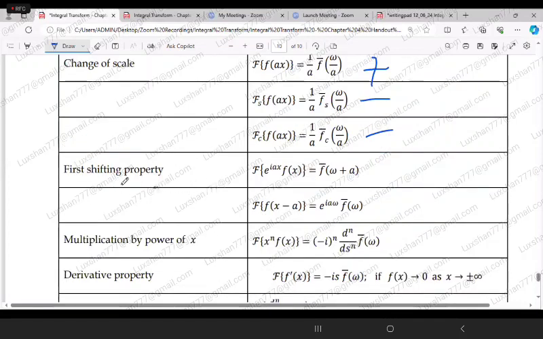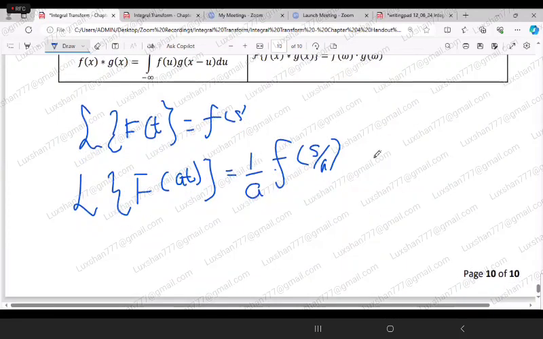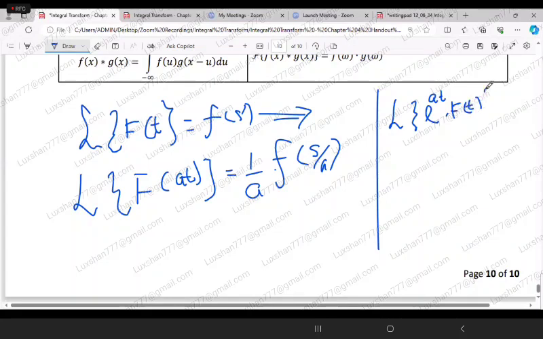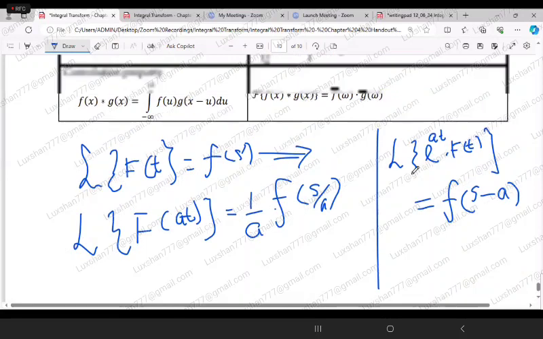Similarly, first shifting property. Can you remember in Laplace transform what is first shifting property? That says that if Laplace transform of f(t) equals F(s), then Laplace transform of e to the power at into f(t) is equal to F(s minus a). So this is called the first shifting property of Laplace transform.